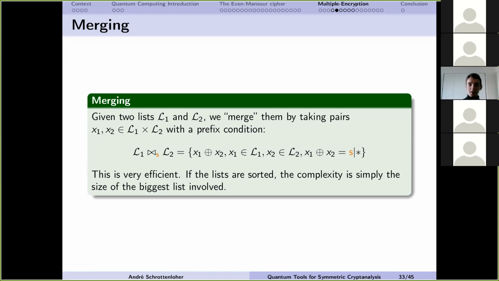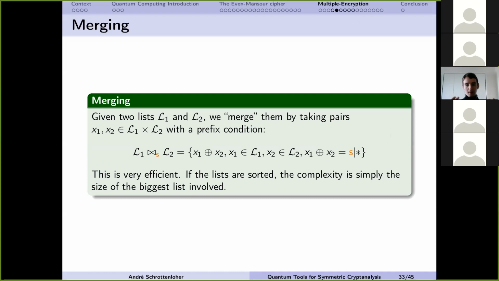If the prefix condition is a full prefix condition, that simply means finding a collision between the lists. Very easy. If it's a partial prefix condition, that simply means we're going to go through both lists at the same time, and we're going to find all these partial collisions.